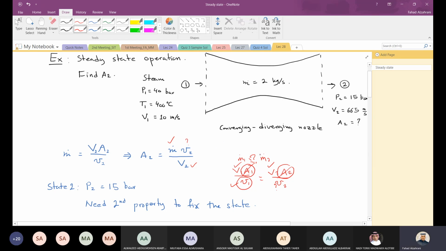If it doesn't tell you, do not assume, especially for mass flow rate, unless it is clear it's a constant pipe. For that case, yes, you can cancel, but this is converging diverging, it's not necessarily the same. Any other option?